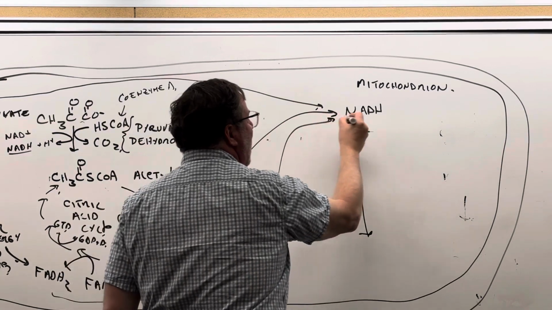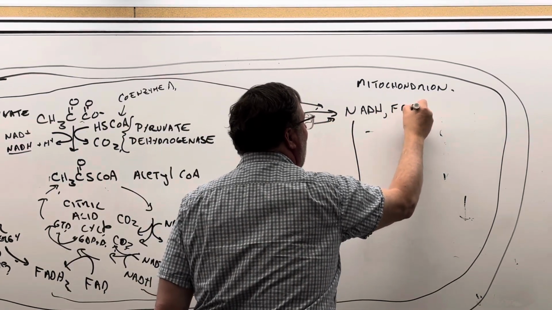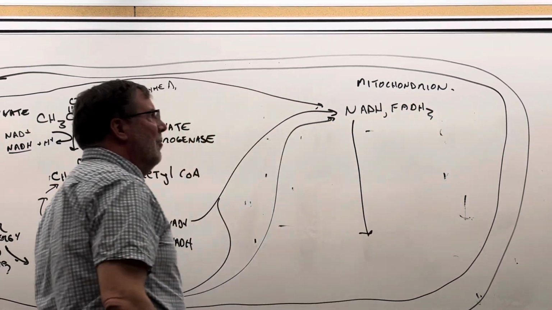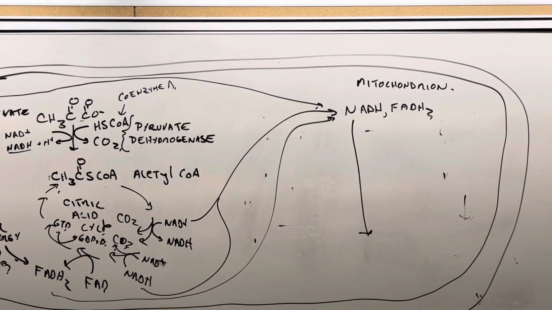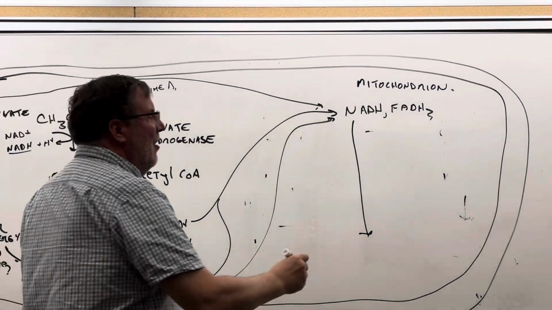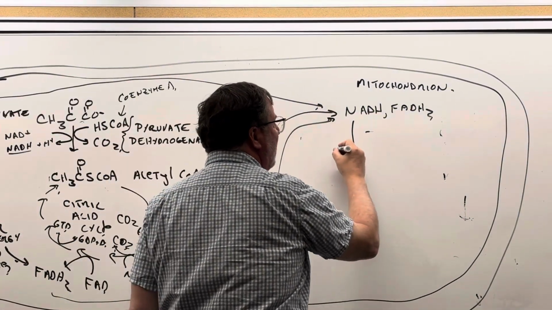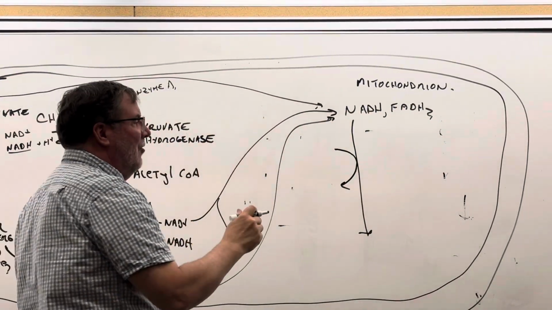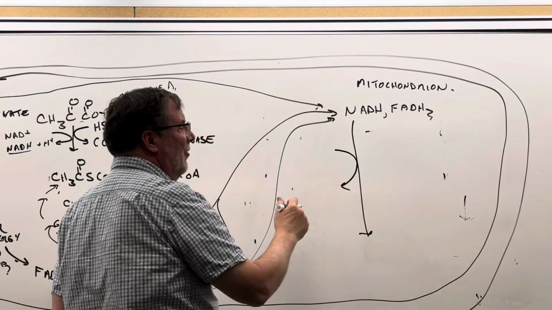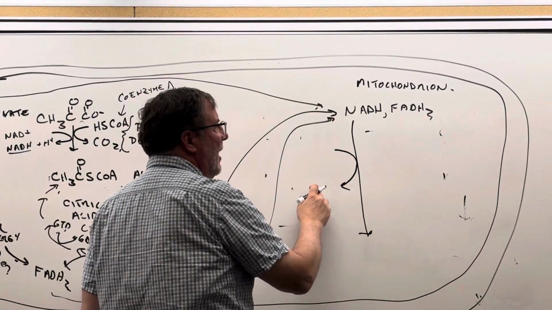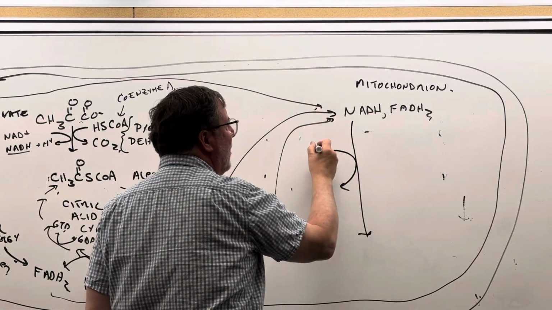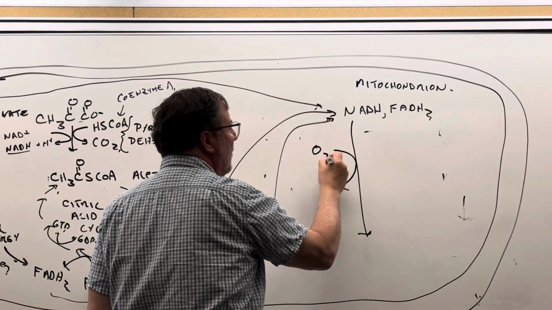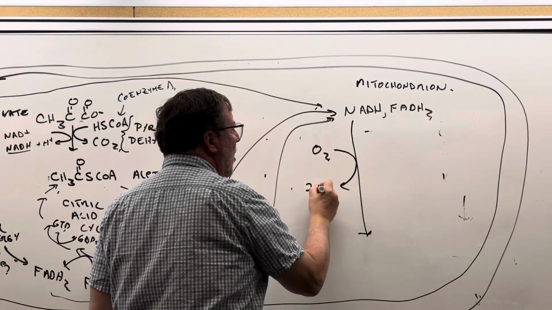So I'm going to call this NADH, FADH2. These are our high energy electron carriers. And those high energy electron carriers, in a process that's really cool, and we'll get there. These arrows are a disservice to the coolness of the process. Those high energy electrons ultimately go to an oxygen to make water.